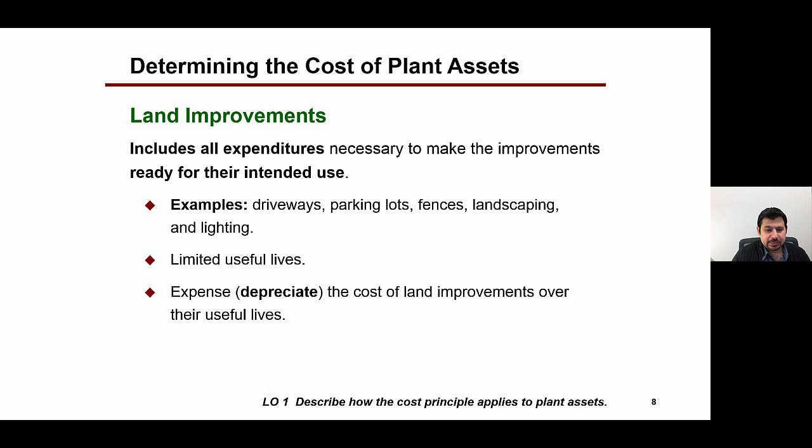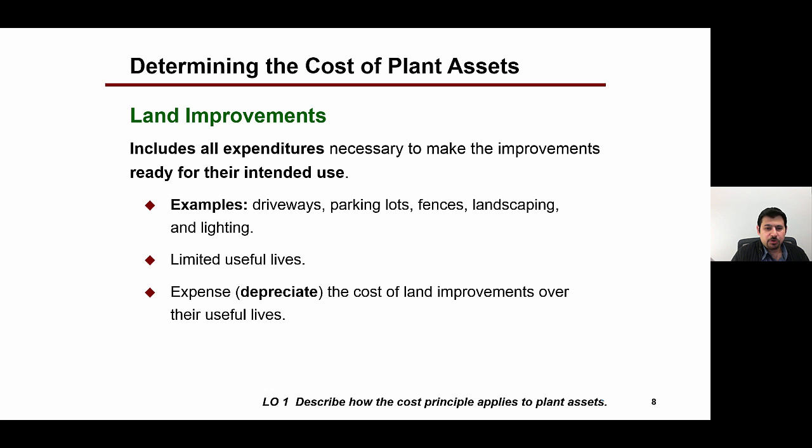Land improvements would include lighting the land, installing some fences, pavements, etc. And because these have a limited useful lifetime, after a certain while, you will need to repaint and fix the lightings and landscaping and fences, etc. The company will have to depreciate land improvements over the useful lifetime.